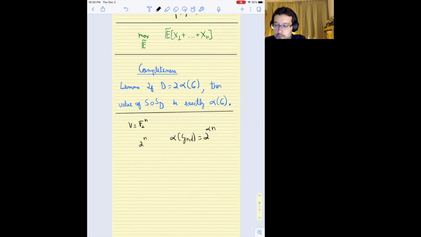When the distance is a constant fraction of n. So it means that the degree that we need for sum of squares is going to be 2 times this, right? So it's an extremely large degree for the convergence.